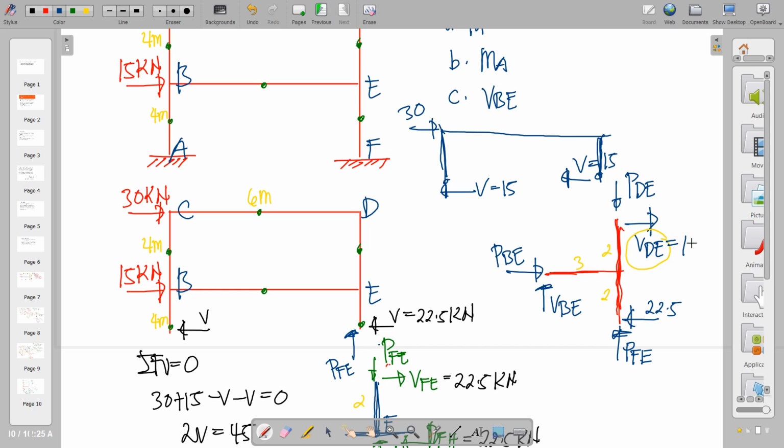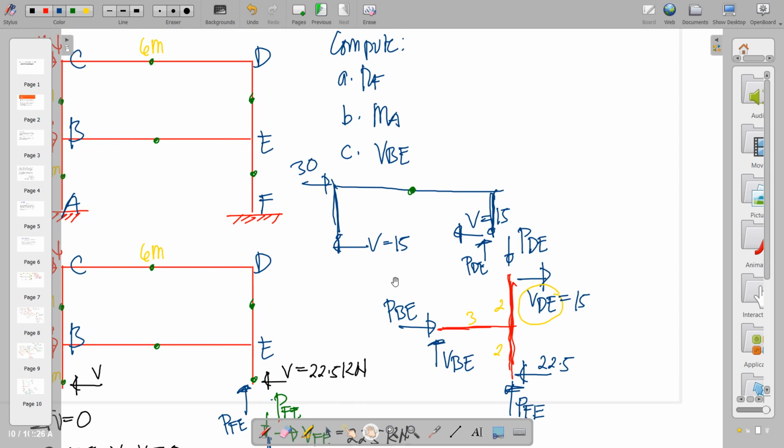So this is 15. Okay. So from that, again, we can separate its subportal because it will involve here PDE also. So we can separate that portal.